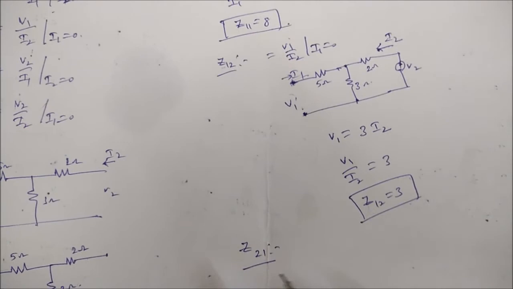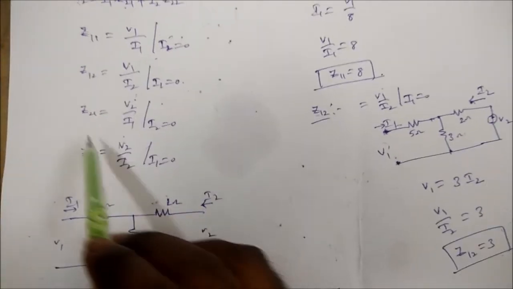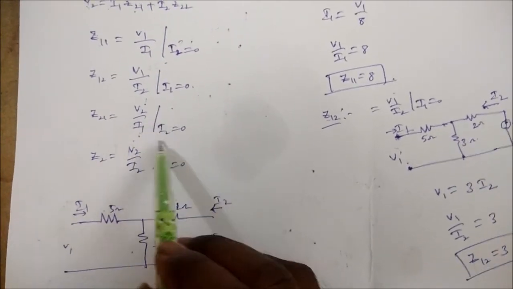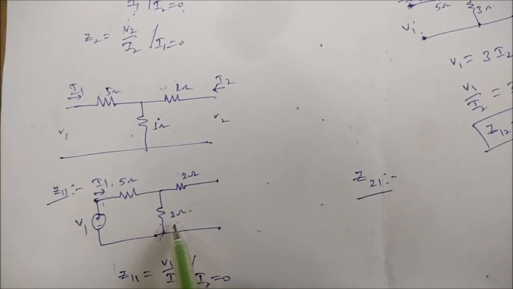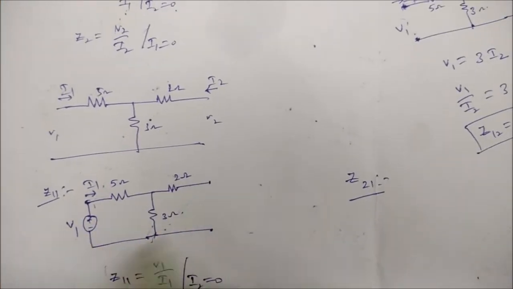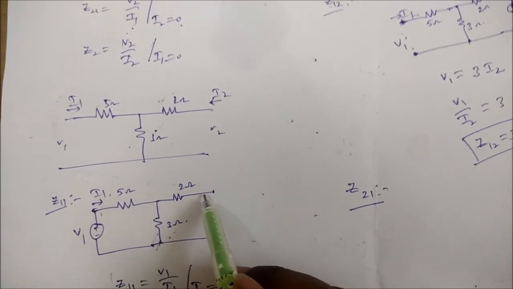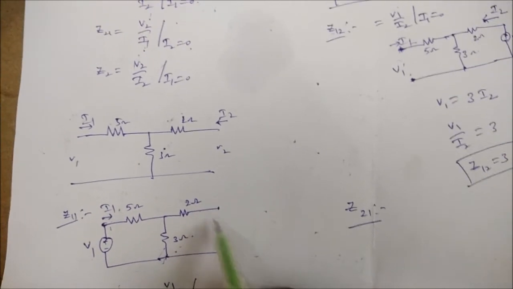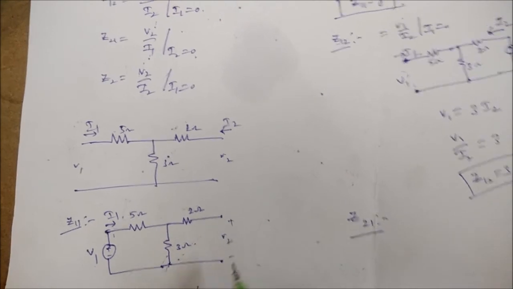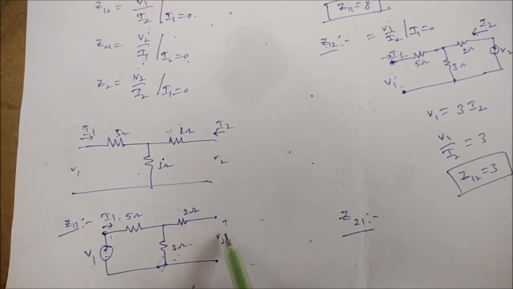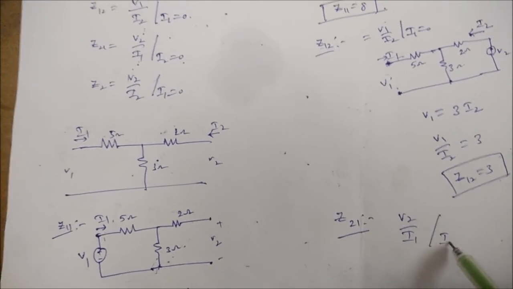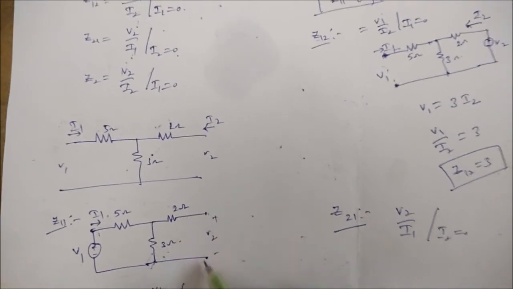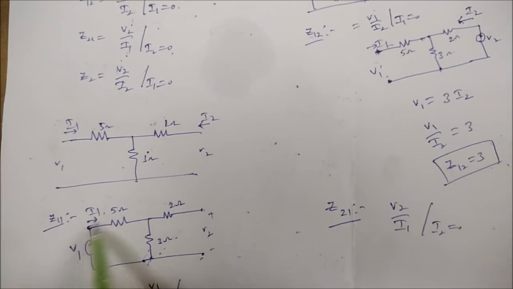Z21, that is V2 by I1 at I2 equal to 0. So I2 equal to 0 means the same circuit like this will come, because here I2 is equal to 0. Here this is V2, with plus and minus. Now V2 by I1 at I2 equal to 0. So this is V2 and I1 is this one.